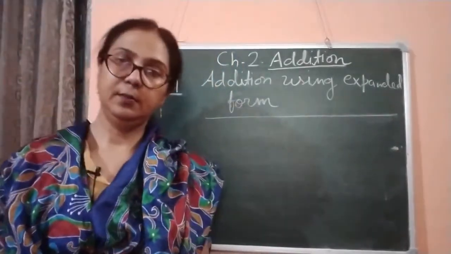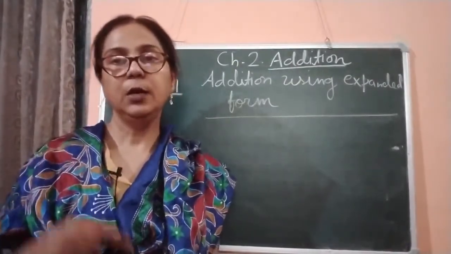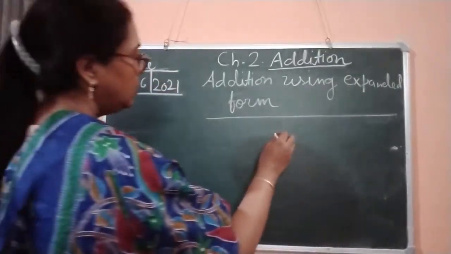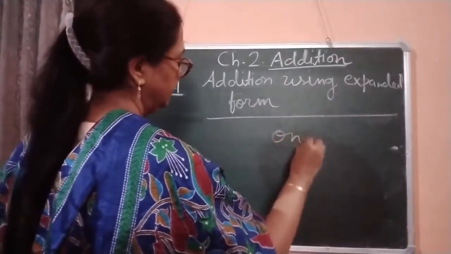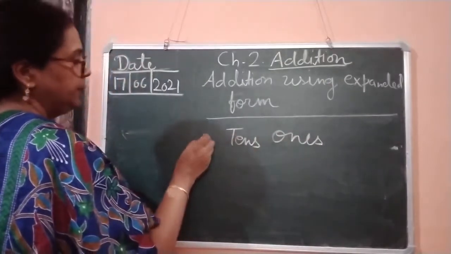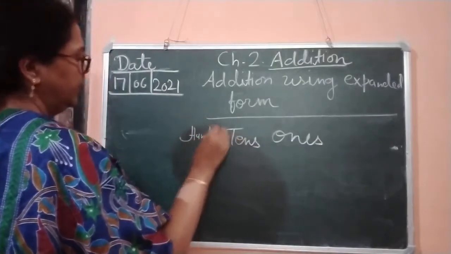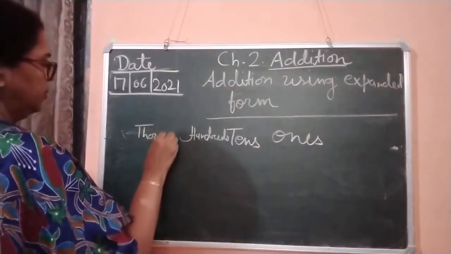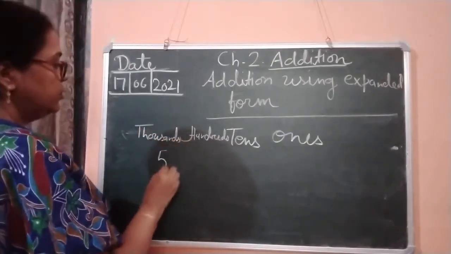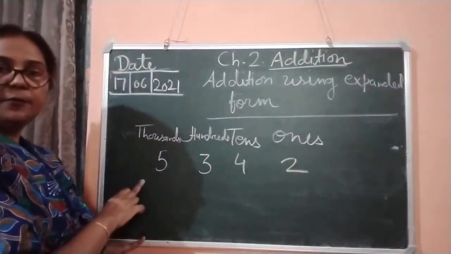Children, first of all, I would like to remind you what is place value. Place value, as we have studied, the first unit of any number is called ones, this is tens, this is hundreds, and this is thousand, and so on. Now if we are writing 5342, so here you can see 5000.